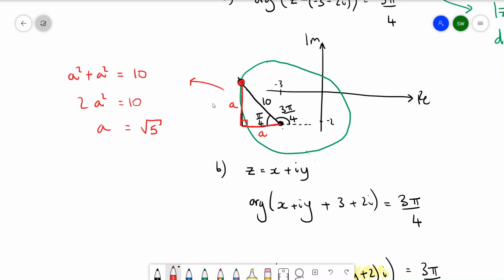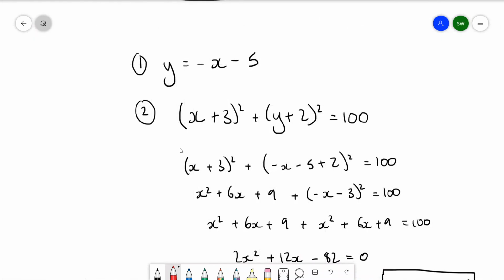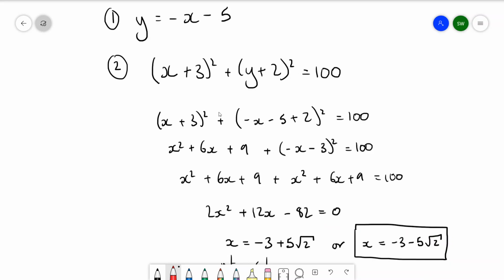So to find the coordinate at this point, we could have just used the fact that we've moved from this point (minus 3, minus 2) left by A, so the x coordinate would be minus 3 minus 5 root 2, and we've moved up by A, so the y coordinate would be minus 2 plus A, which is plus 5 root 2. Okay, but this is just very specific to this example, which is why I showed you the general method, which would be to solve the simultaneous equations. It's probably the preferred method.